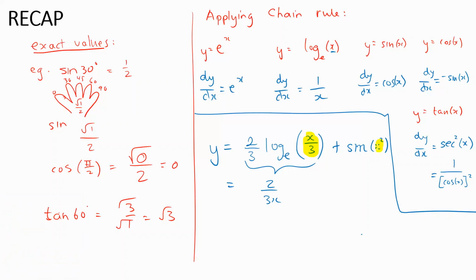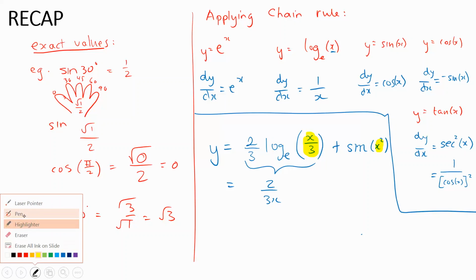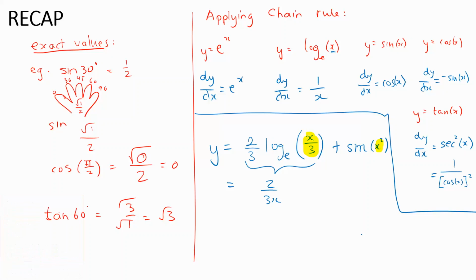What's changed is your x squared. Derive the inside, then derive the outside. So deriving the inside, I'm going to use a different color so you can see. Derivative of x squared is 2x multiplied by the derivative of sine. Derivative of sine is cosine, but it's cosine of whatever's inside the bracket.